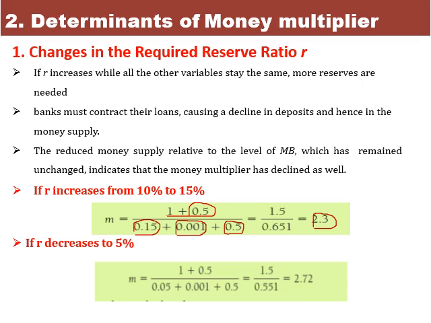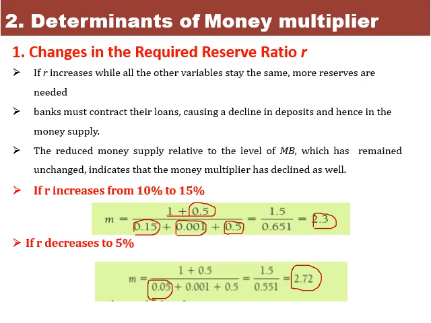So we have a negative relationship between the required reserve ratio and the value of the money multiplier. On the other hand, if R decreases to say 5%, we will apply the same formula, but this time we will replace 0.15 by 0.05. This is the new required reserve ratio. In this case, we find that the value of the money multiplier is 2.72.